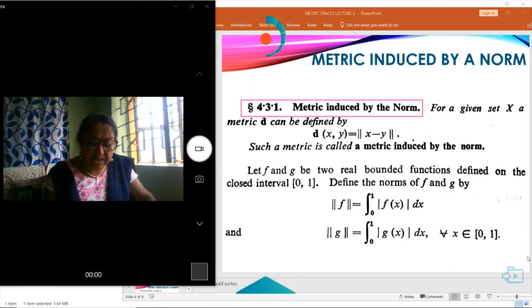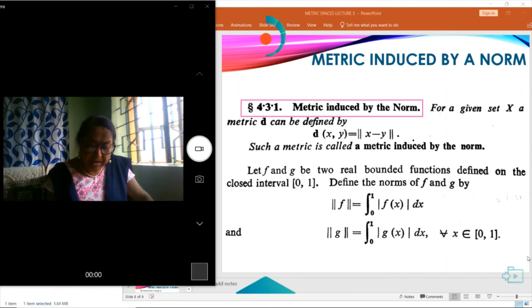Let f and g be two real bounded functions defined on the closed interval [0, 1]. Then the norm of f can be defined as the integral from 0 to 1 of the modulus of f(x) dx. Similarly for g, for every x belonging to the interval [0, 1].